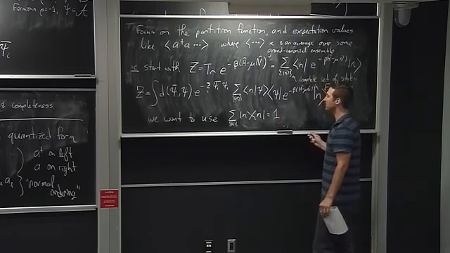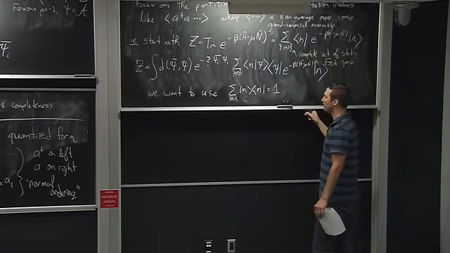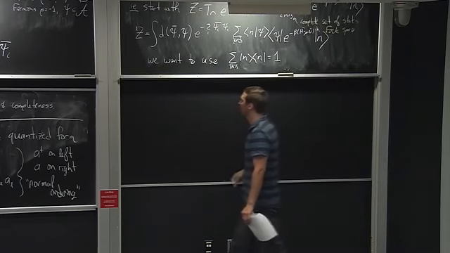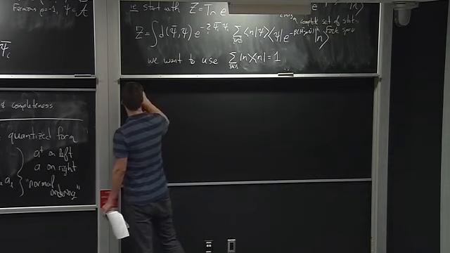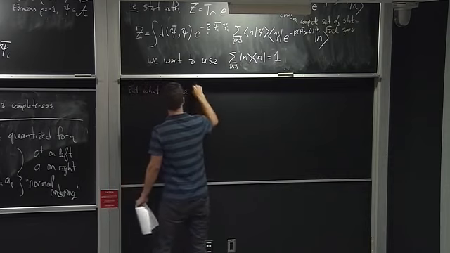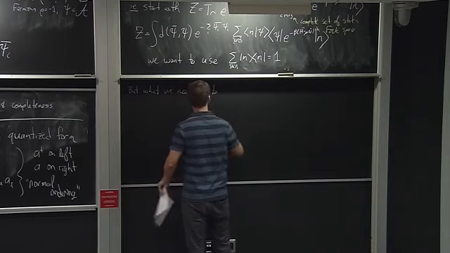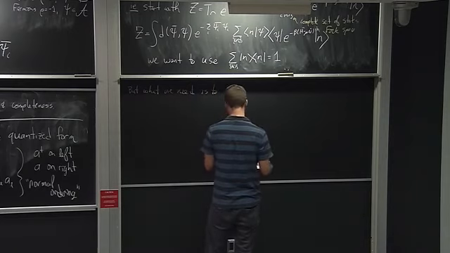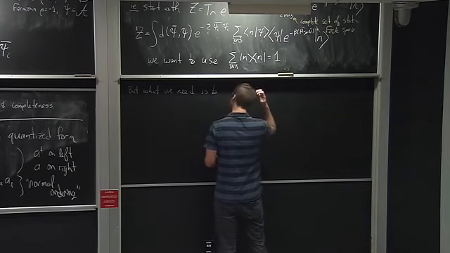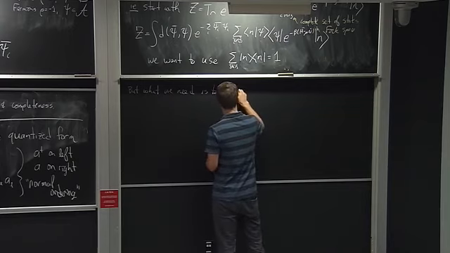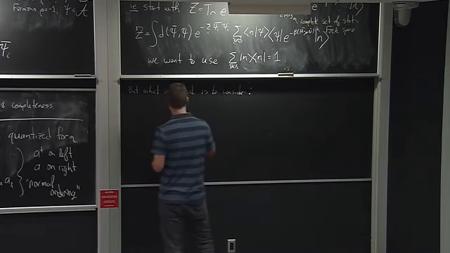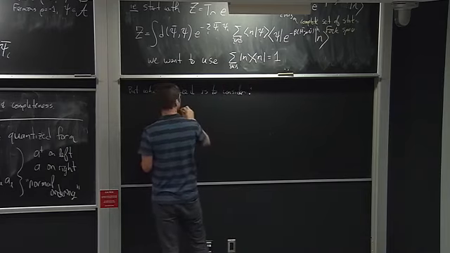So we want to use this, but what we need to do is look at commutation of, say, these two inner products.